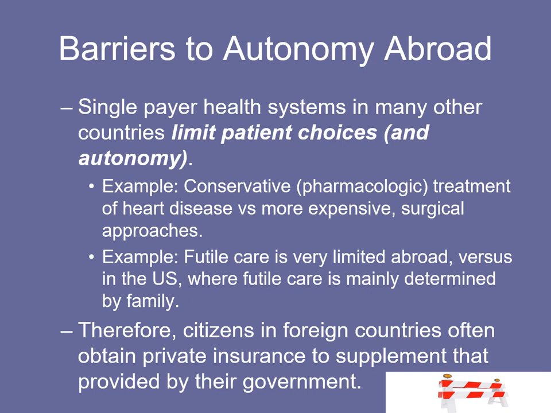We will, of course, keep your mother on the ventilator or your father or your loved one on the ventilator for another X number of days, but at that point, they're going to be removed unless you wish us to transfer your mom or dad to another facility that's covered by your private insurance. Therefore, citizens in foreign countries tend to have more limited autonomy unless they have the supplemental private insurance.